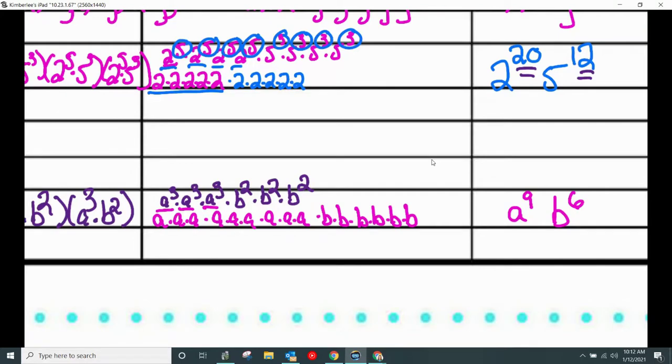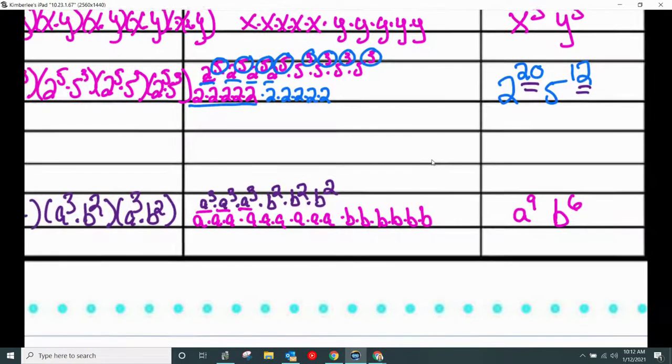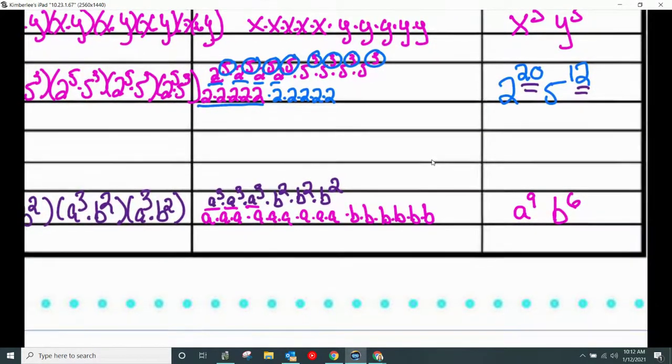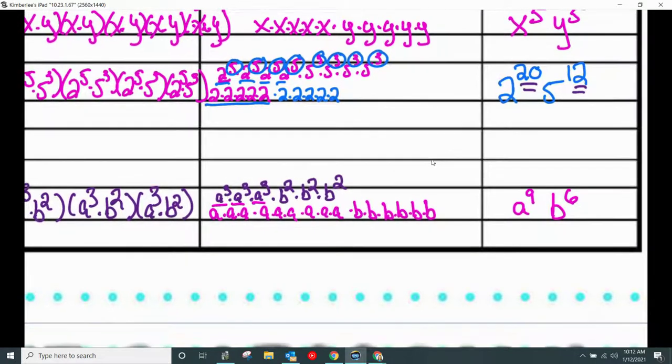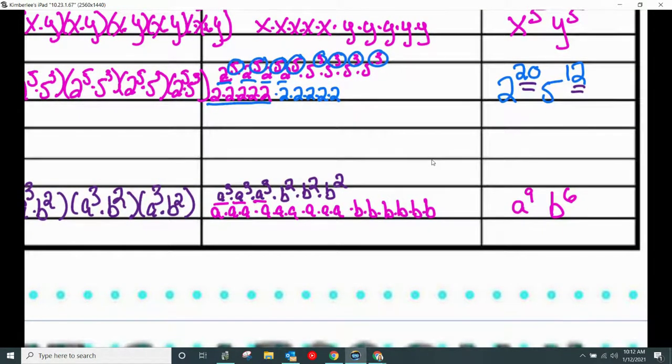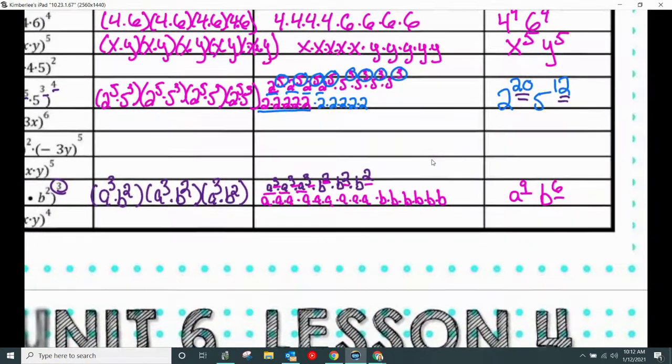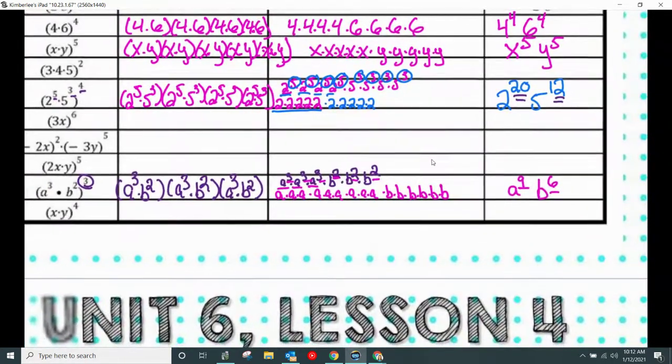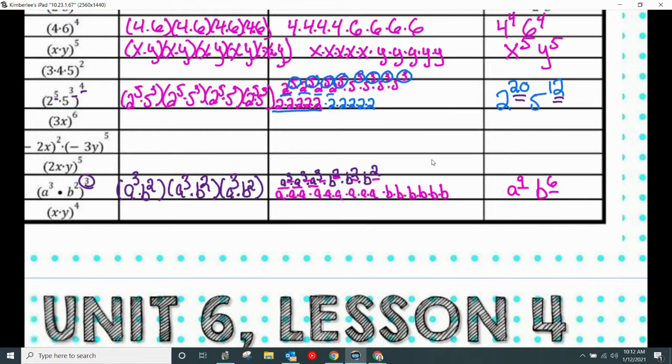So when you have powers with the same base, you can end up just adding the powers together. You see 2 plus 2 plus 2 gave me the 6 over here, and 3 plus 3 plus 3 gave me the 9. Now, when you have powers outside, let's see if we could have taken an even quicker shortcut.